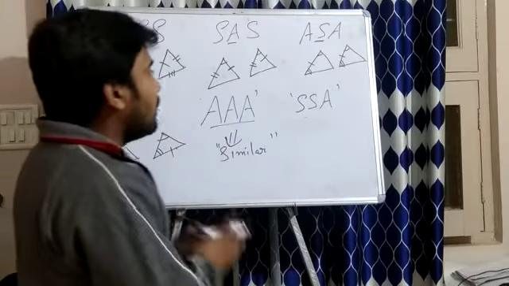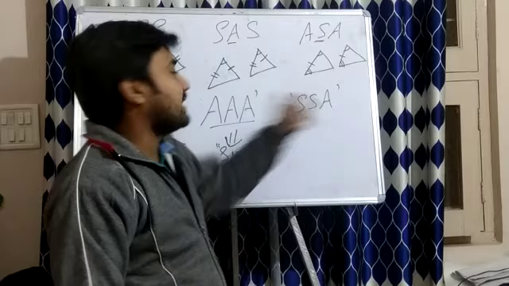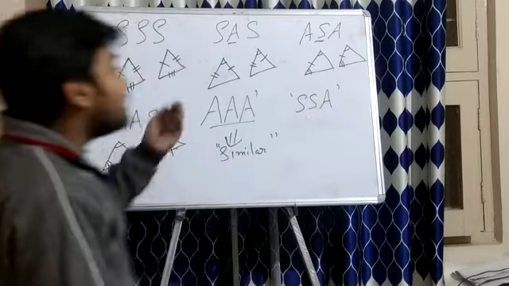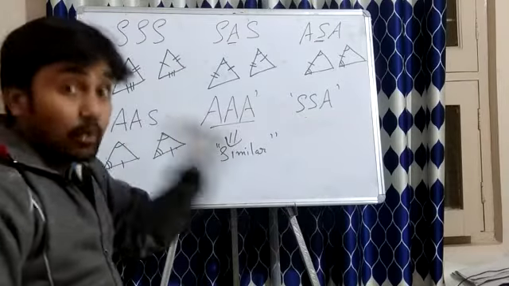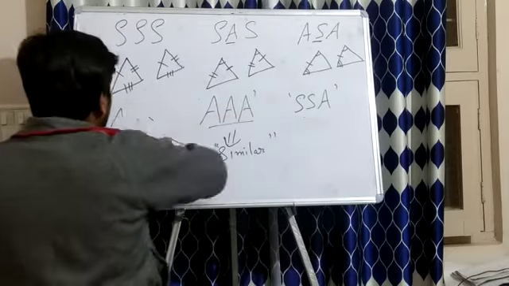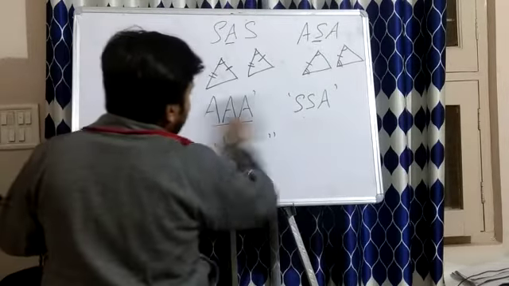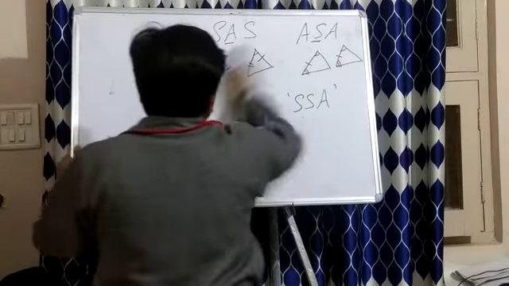Now, in this video, we will try to explore in more depth about SSA, in which case SSA does hold congruency, and in which case it does not hold congruency. This is what this lecture is all about, SSA.